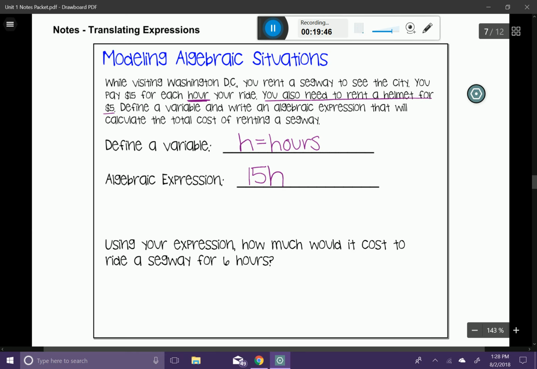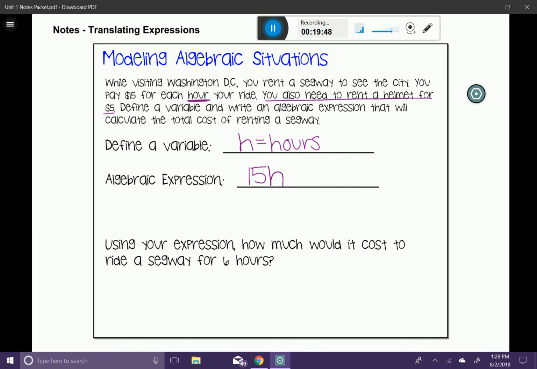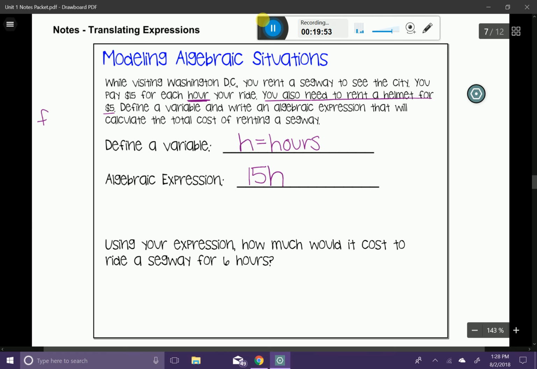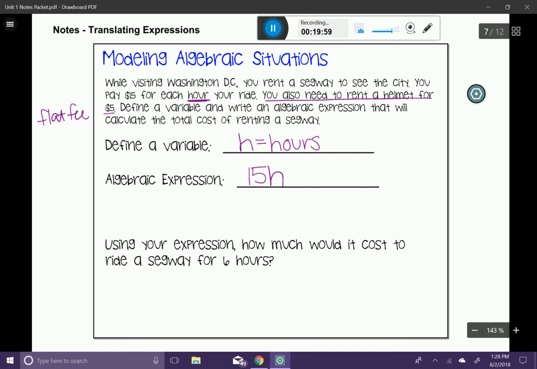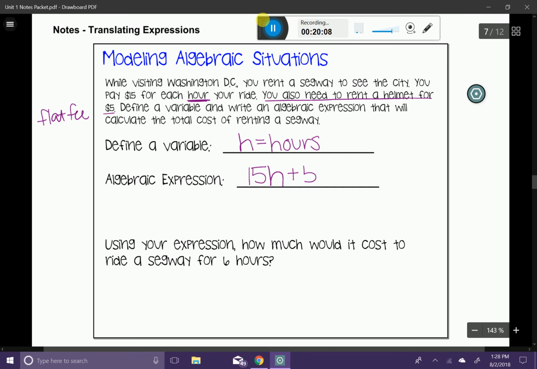Well, that's just a one-time cost, right? Sometimes we like to call these flat fees. Meaning you're only going to pay it once. You're not going to pay $5 per hour that you're riding the Segway. It's just a one-time cost. So I'm going to go ahead and tack that one-time cost onto the end of my expression.